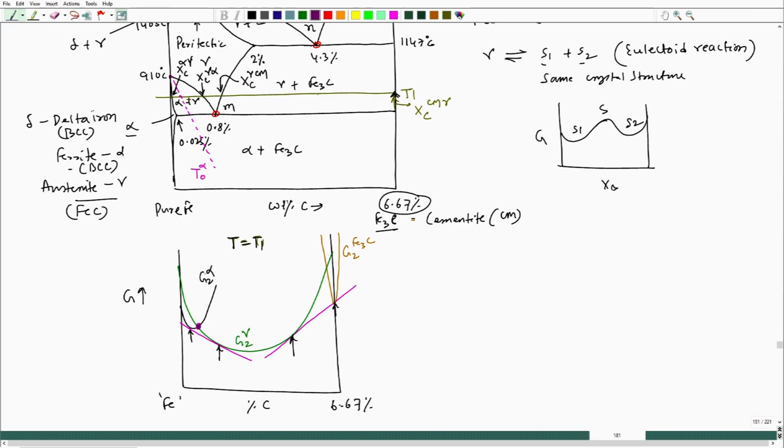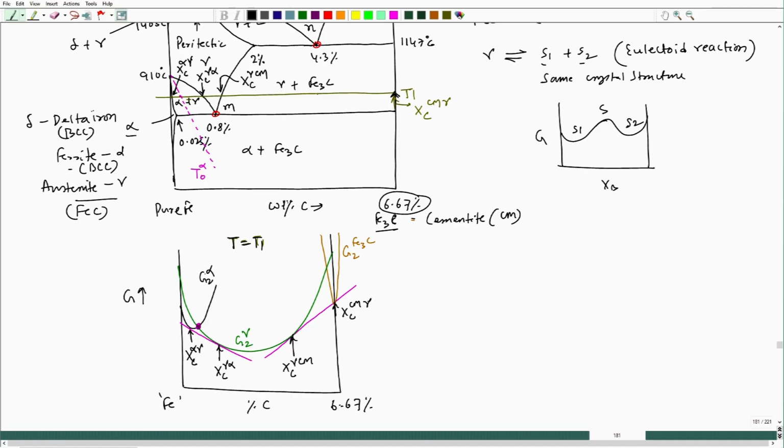Now, this is my composition, let me mark those compositions. This is Xc of alpha in equilibrium with gamma, this is Xc of gamma in equilibrium with alpha, this is Xc of gamma in equilibrium with Cm, this is Xc of Cm in equilibrium with gamma.